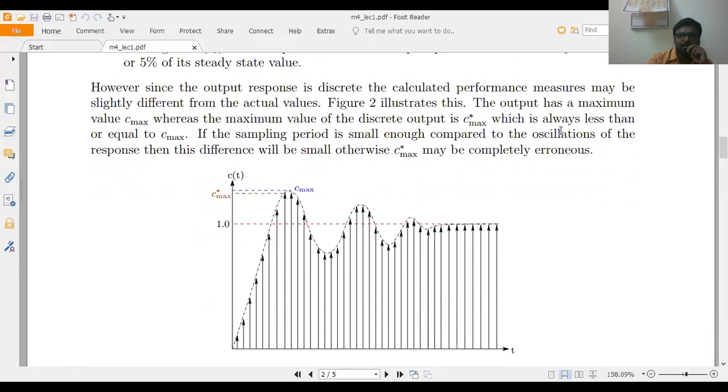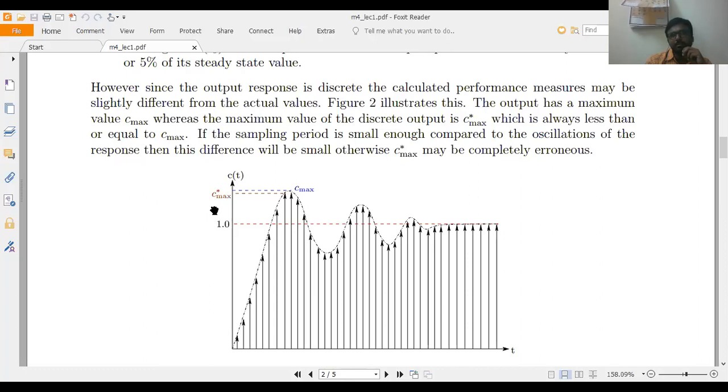That means if the sampling period capital T is quite small, the C max value will be less, the C max conjugate will be less, so that the error between this particular C max and C max conjugate will be negligible.